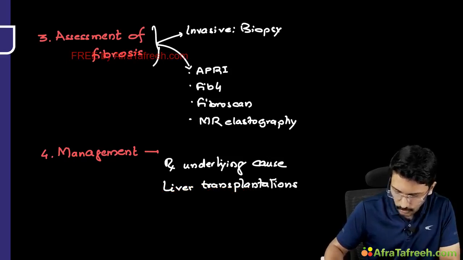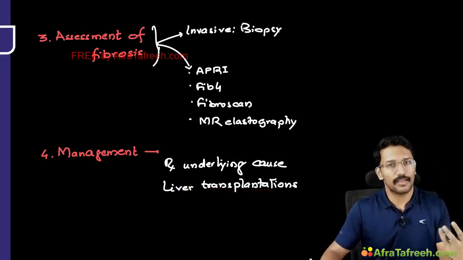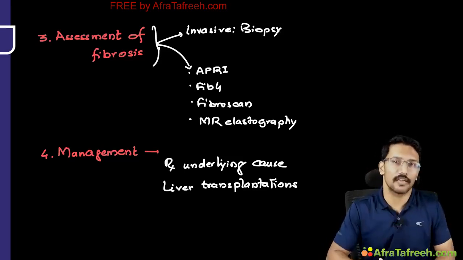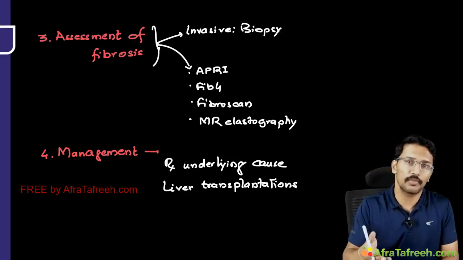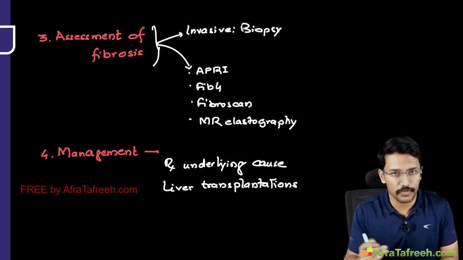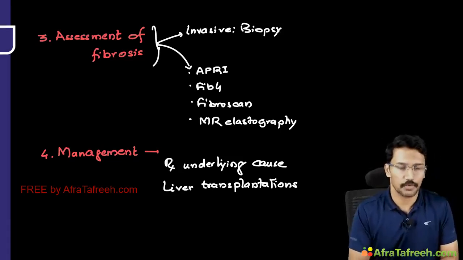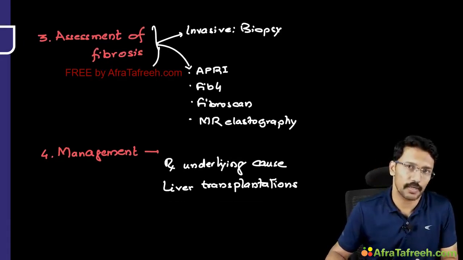In some of these disorders, you will not only be able to give them a healthy liver, you will also be able to heal or treat the underlying cause, like those metabolic disorders which have led to chronic hepatitis. You will be able to cure them of the underlying cause when we do a liver transplantation. More on that I have discussed in the liver transplantation video. So clear, this will be our approach to a case of chronic hepatitis.